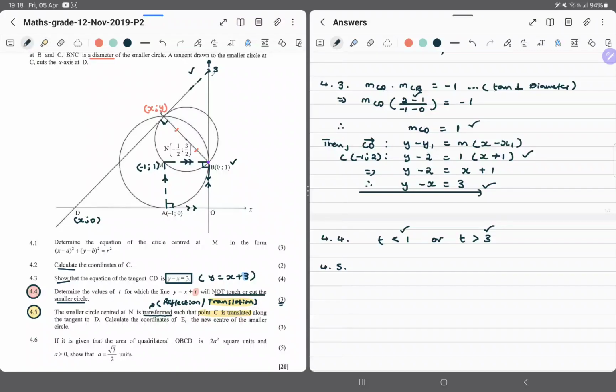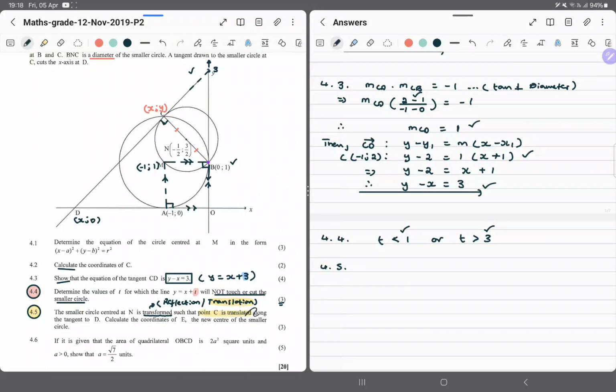So they are essentially freeing us from fishing for what this transformation could be. It is literally a translation, because if we are translating a point on the circle, it means we are essentially performing a translation of the entire circle, because every other point will translate the same way as any point that we have identified.